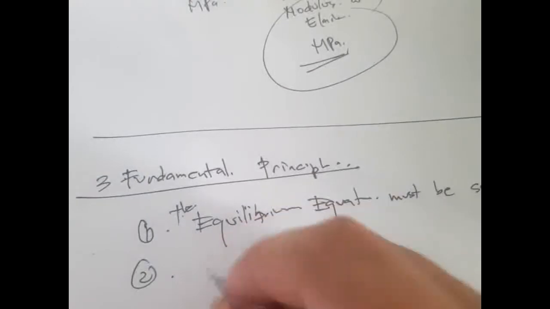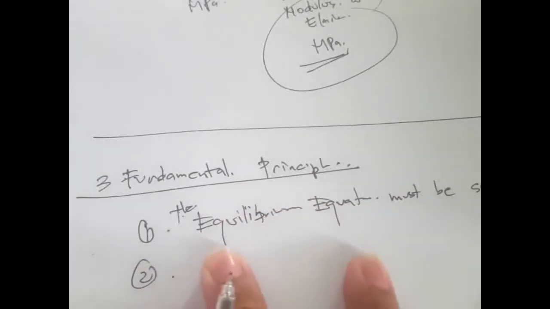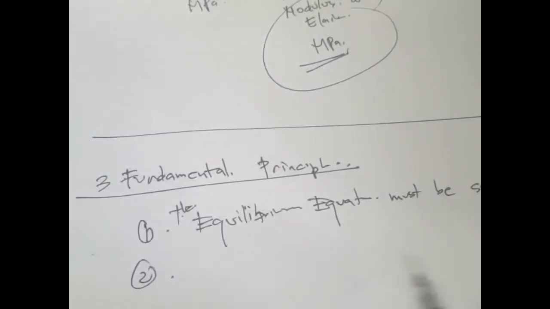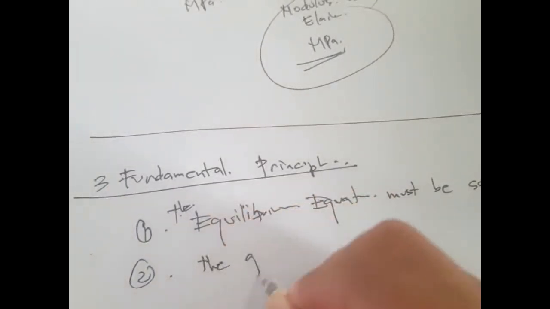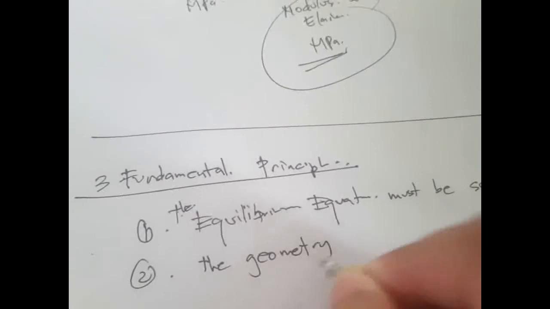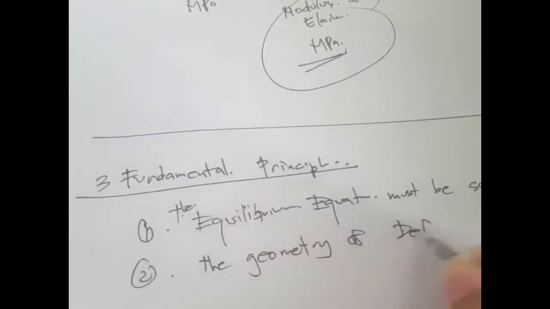And then the second one: sometimes the number of unknowns is greater than the number of equilibrium equations, so we need another set of equations coming from the geometry of the deformations. We'll write it here that the geometry of deformation must be described.